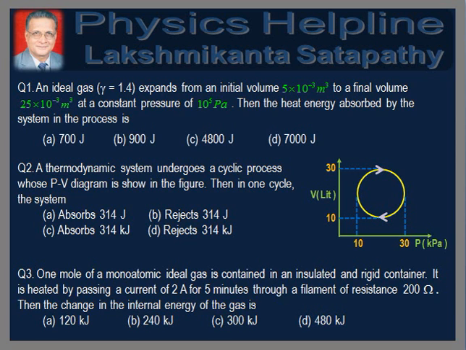Question 3. 1 mole of a monoatomic ideal gas is contained in an insulated and rigid container. It is heated by passing a current of 2 amperes for 5 minutes through a filament of resistance 200 ohms.